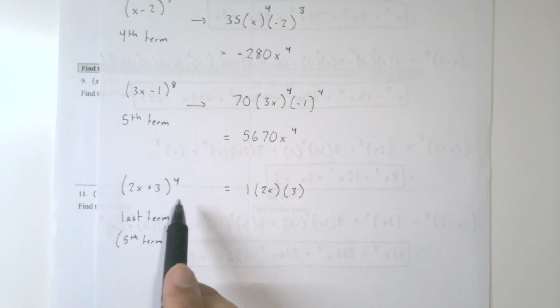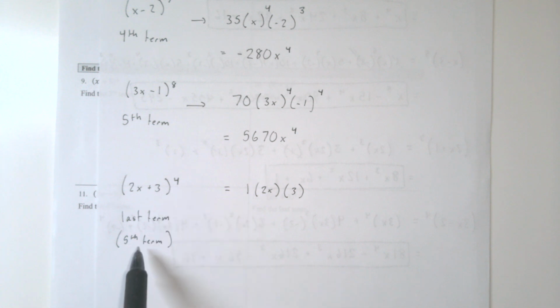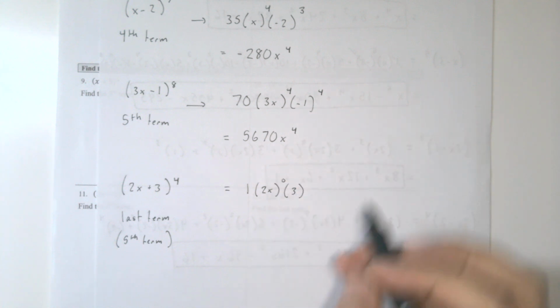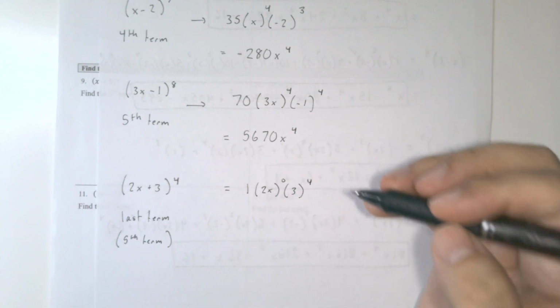And we can do 4 minus 5, which is negative 1, plus 1, which is 0. And then that means this number has to be 4.